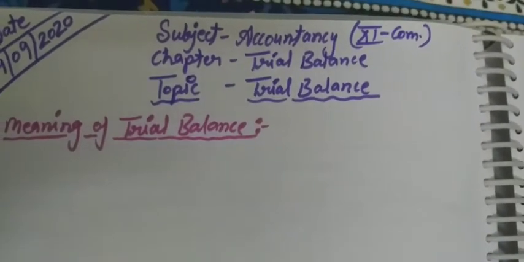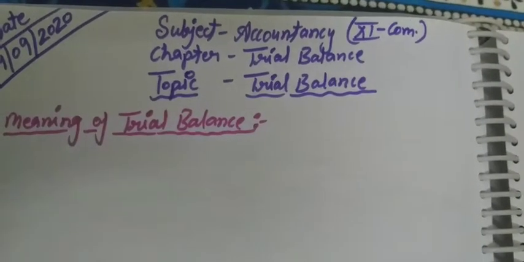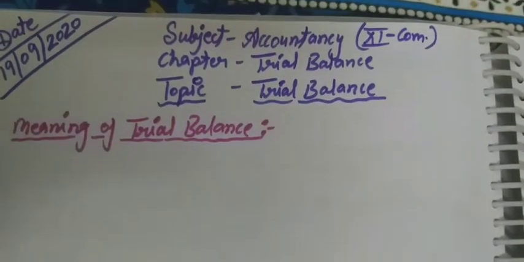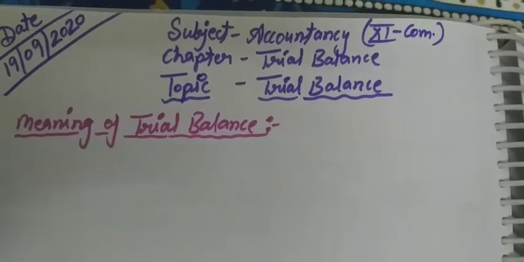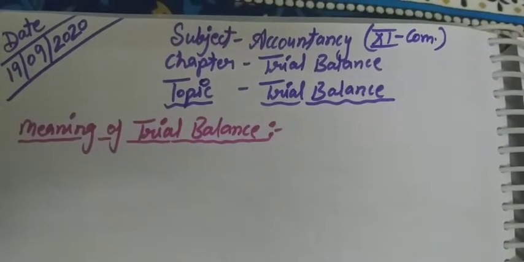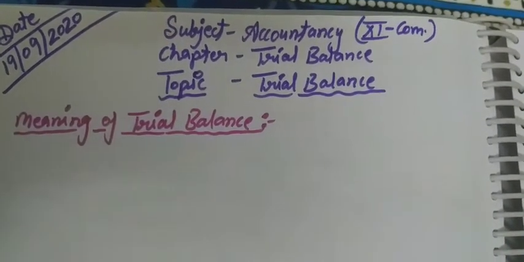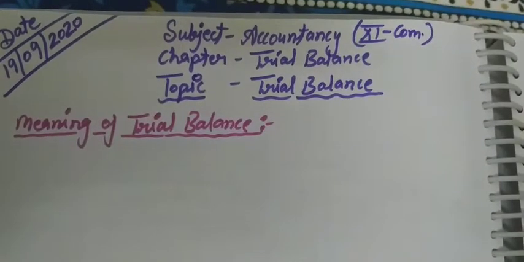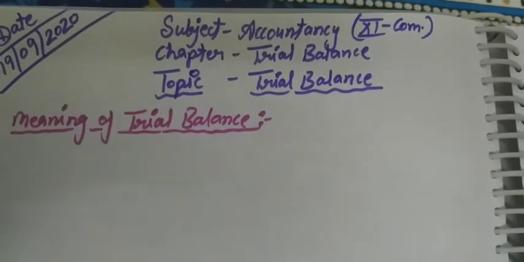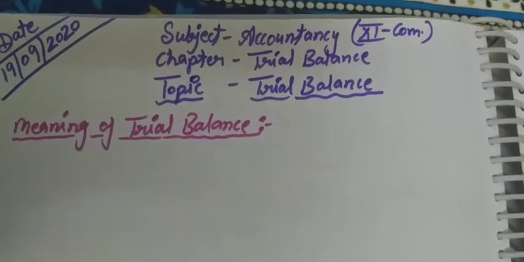Some accounts did not have any balance. I am talking about those balances because they will help in the current topic we are going to discuss, that is trial balance. This is your chapter number 13.